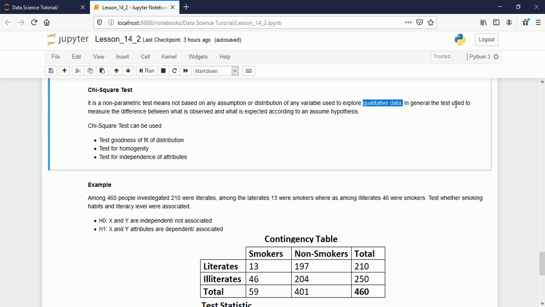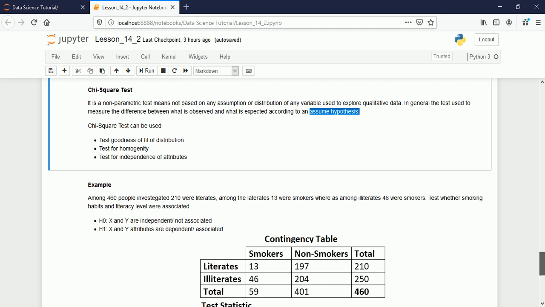In general, the test is used to measure the difference between what is observed and what is expected according to the assumed hypothesis. Chi-square test can be used in these cases: test the goodness of fit of distribution, test of homogeneity, and test of independence of attributes.